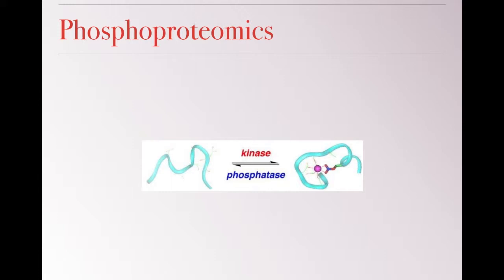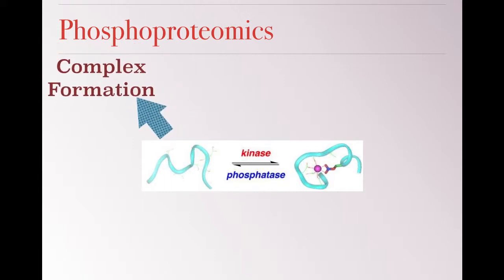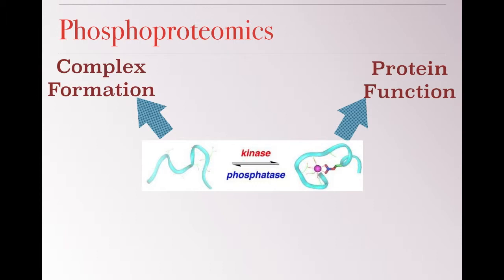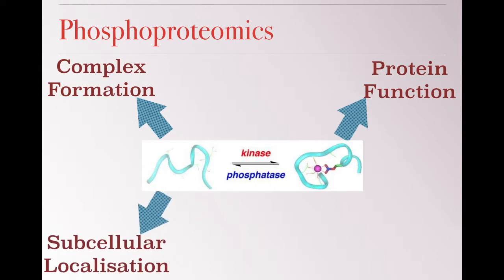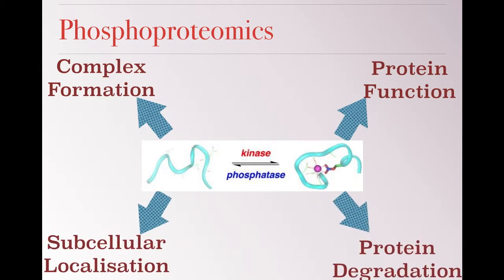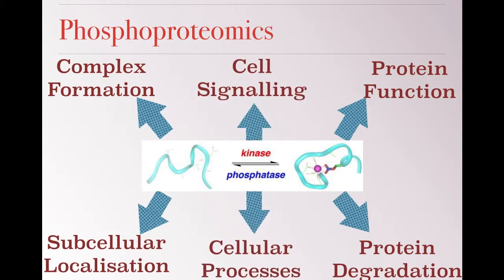The phosphorylation process regulates complex formation, protein function, subcellular localization, protein degradation, cell signaling networks, and cellular processes such as metabolism, transcription, cell cycle progression, cytoskeletal rearrangement, cell movement, apoptosis, and differentiation.